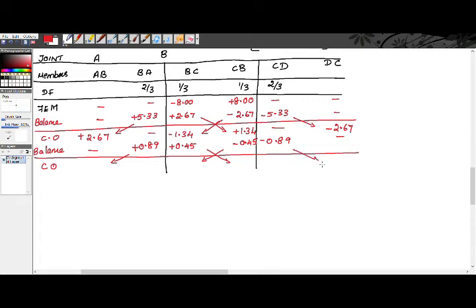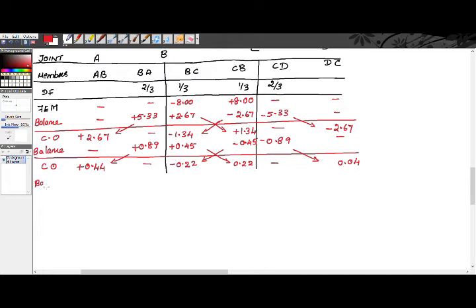Here half of C is carried to D. So what we get is 0.89 divided by 2, it is 0.44. Minus 0.45 divided by 2, minus 0.22. 0.45 divided by 2, 0.22. Minus 0.89 divided by 2, 0.44.